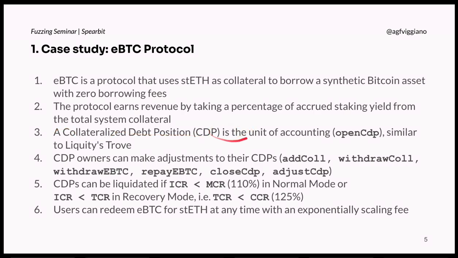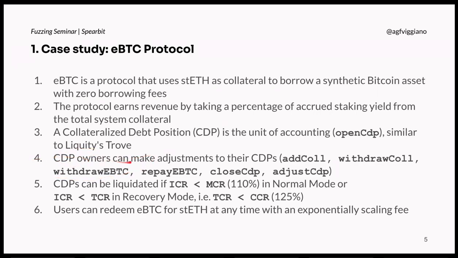The main unit of accounting of the system is a CDP, a collateralized debt position, which is similar to a Liquity Trove. It will track the position's collateral, debt, and also ICR, the individual collateralization ratio, which is just the collateral divided by the debt. Each position should maintain a minimum ICR so that it's considered healthy.